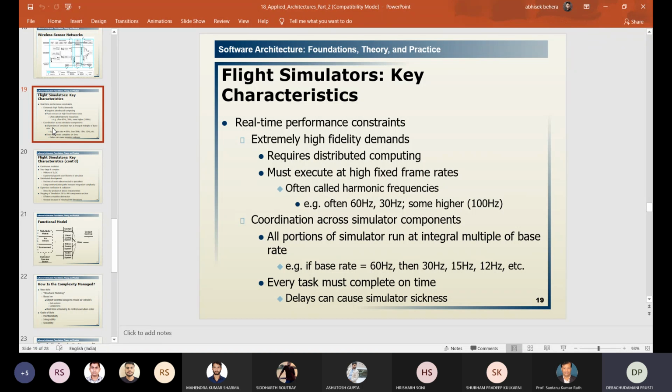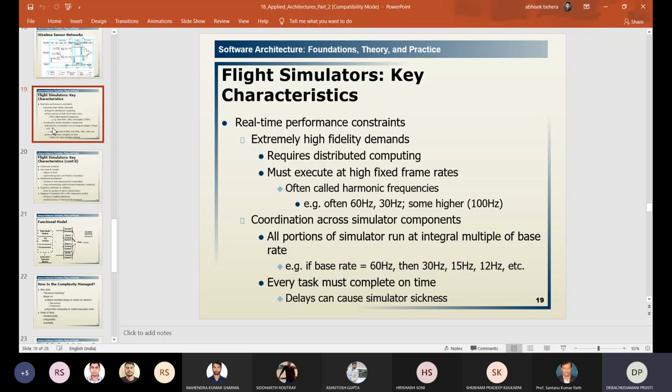It requires distributed computing, meaning computation from different points. It must execute at high fixed frame rates, often called harmonic frequencies. It has rates like 60 Hz, 30 Hz, and up to a maximum of 100 Hz. The coordination: it provides coordination across the simulator components.